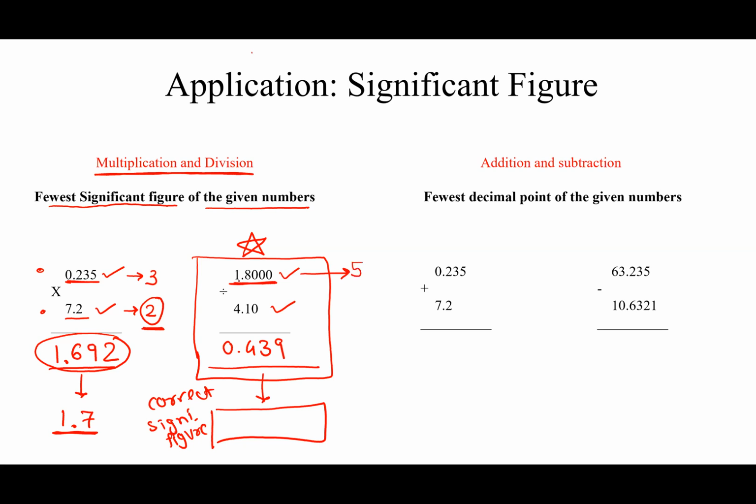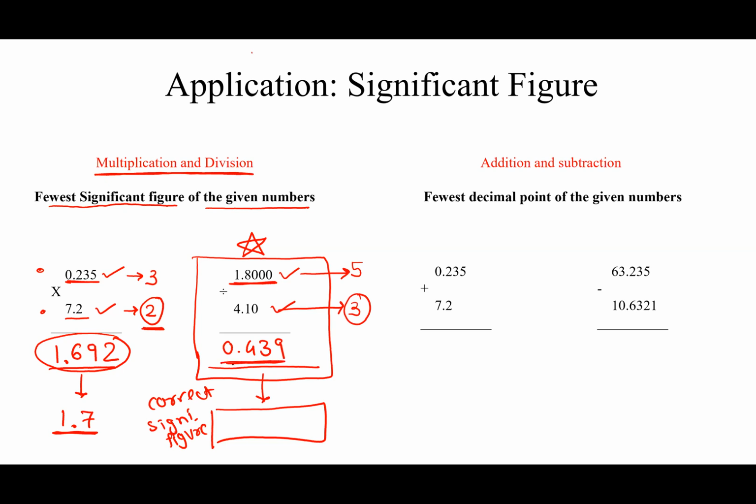Because the number is greater than 1 and it has a decimal place, so you are not going to apply rule number 2. All the digits are significant figures. If you look at the second given number, how many significant figures do you see? 3. Same explanation. What does it mean? Your answer must have the least number of significant figures from the given numbers. So it should be 3.